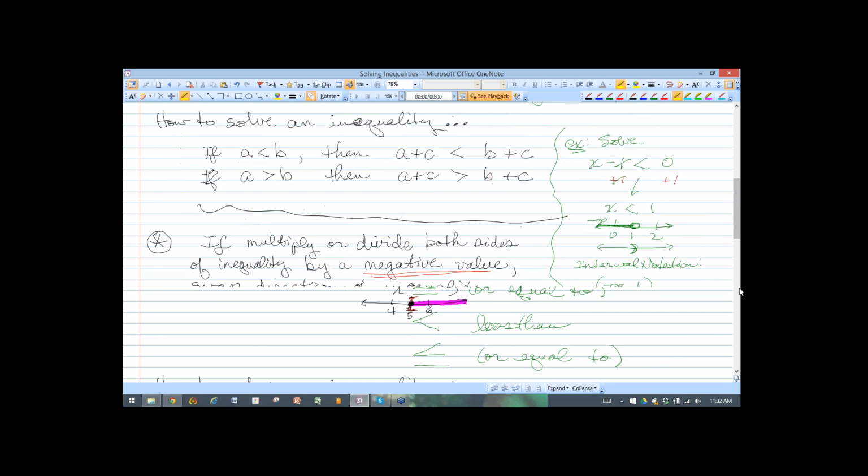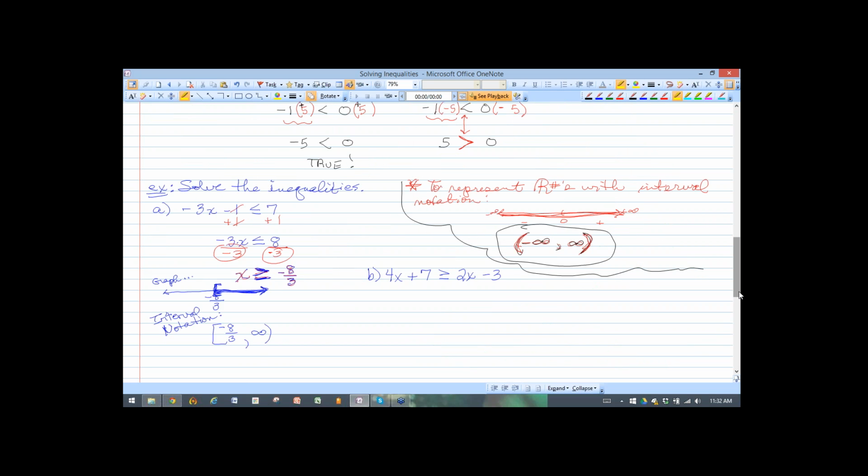So the steps we used from here on in that example are similar steps we're going to use in this inequality we're about to solve. Start by moving constants or variables, or we could just do both in one shot.